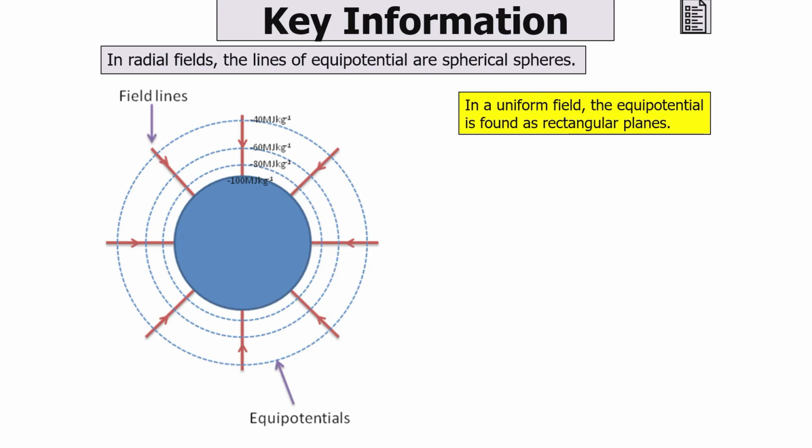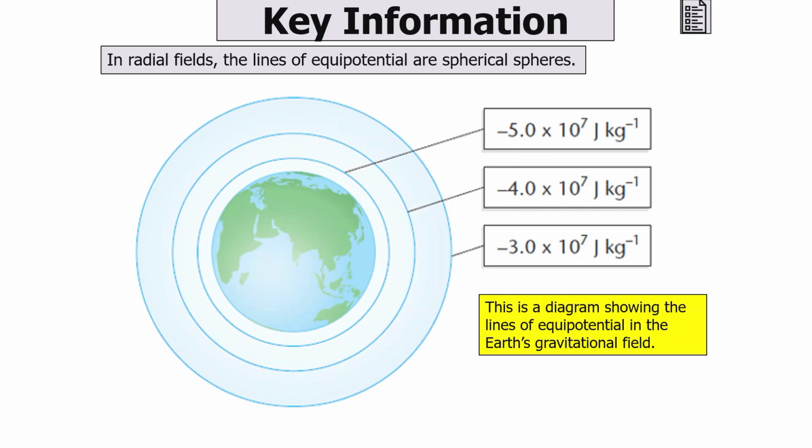This diagram on the screen shows the lines of equipotential in the Earth's gravitational field. Equipotential surfaces around a spherical mass will also, as indicated before, be spherical. This has big implications for any orbiting body in the gravitational field.